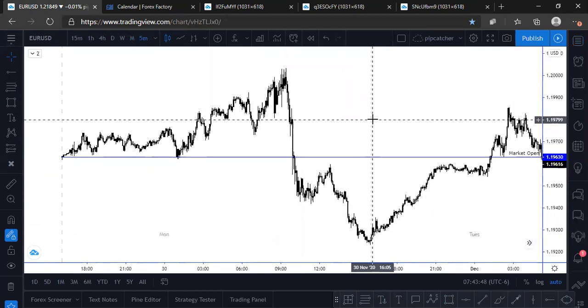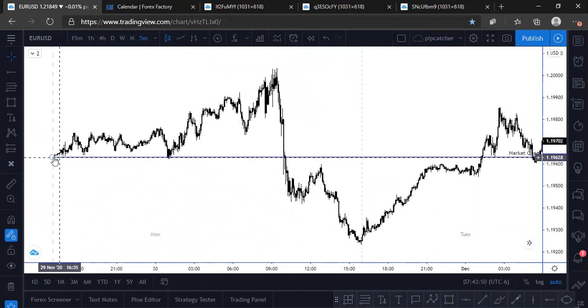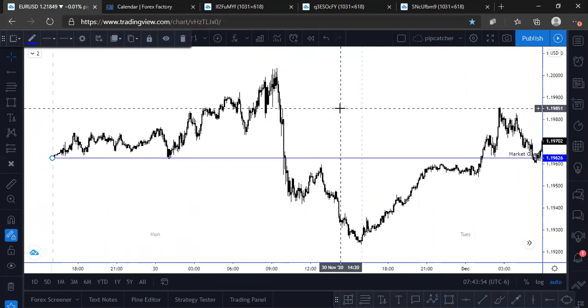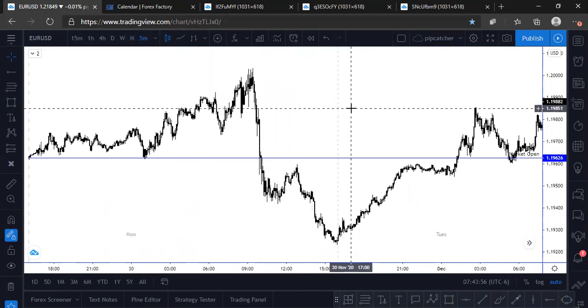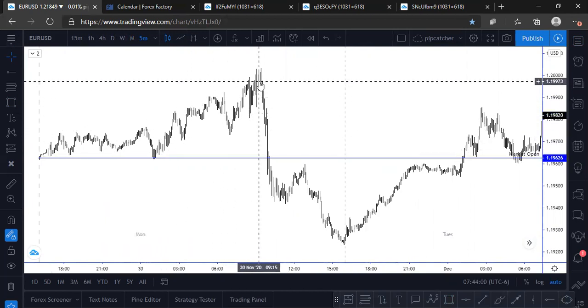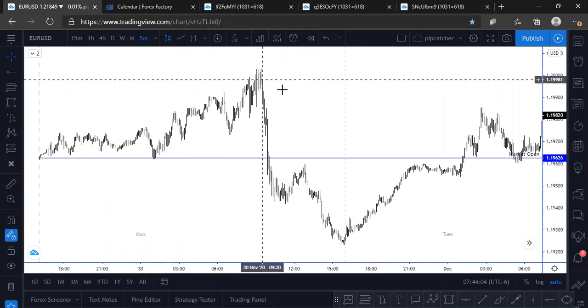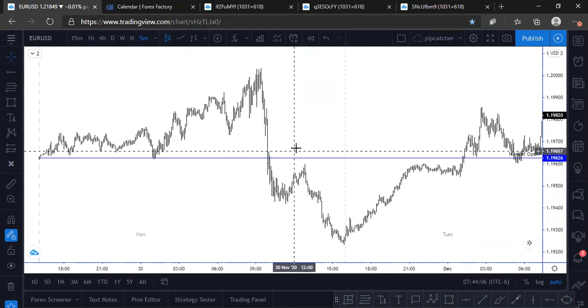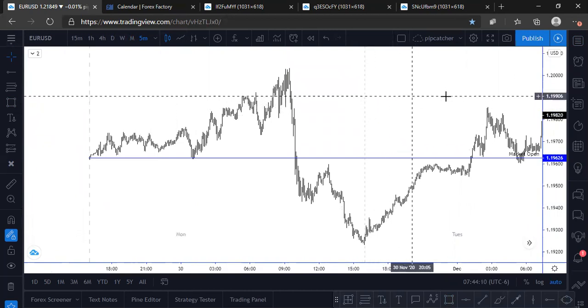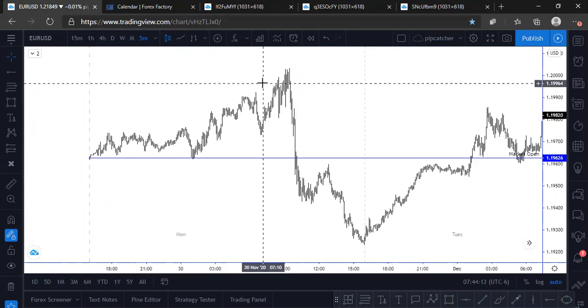So one thing I always like to do sometimes is mark off the market open. So if at the beginning of the week we trade higher than the market open, creating maybe a high of the week, and I always like to wait until Tuesday at least, right?